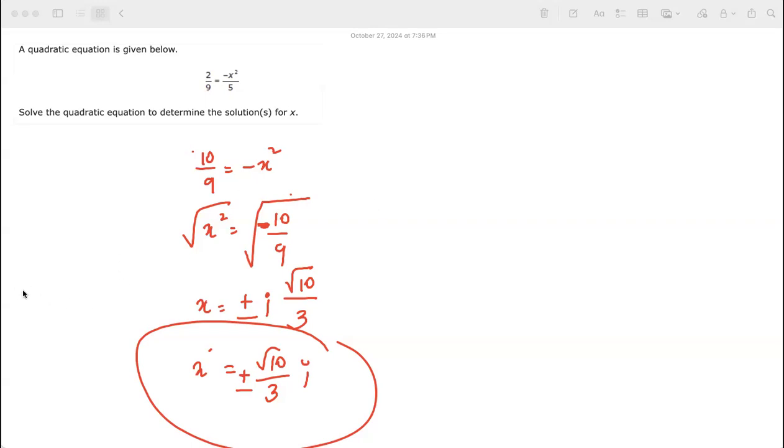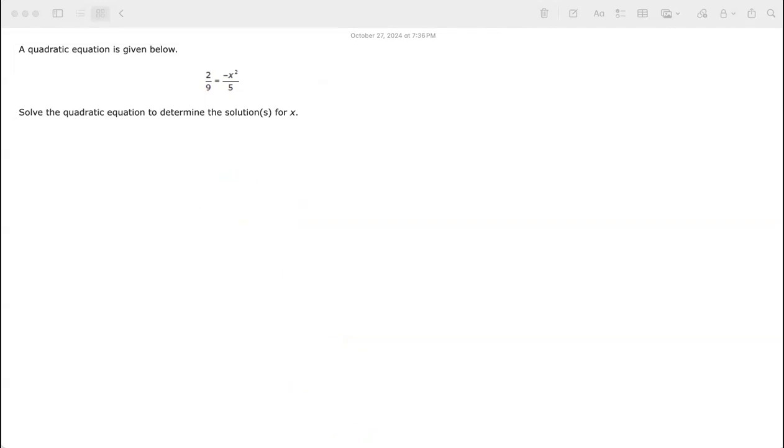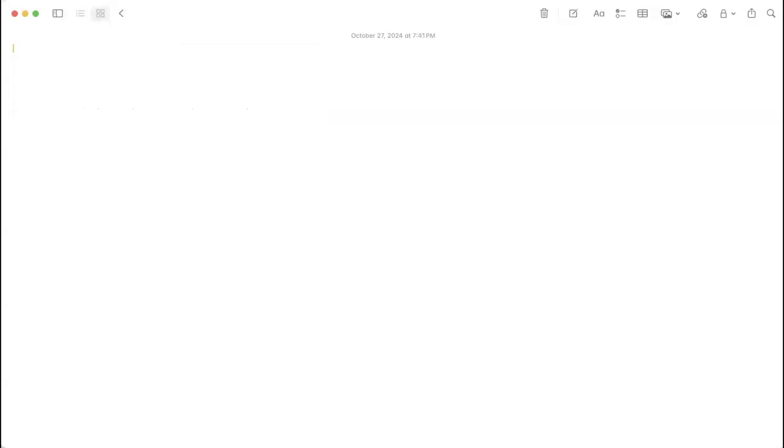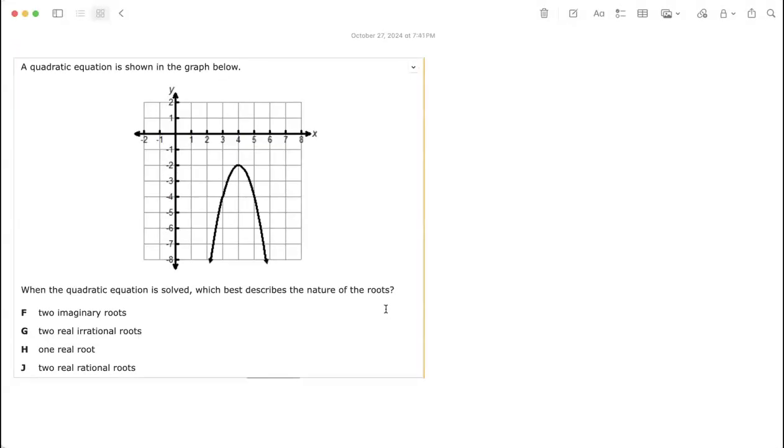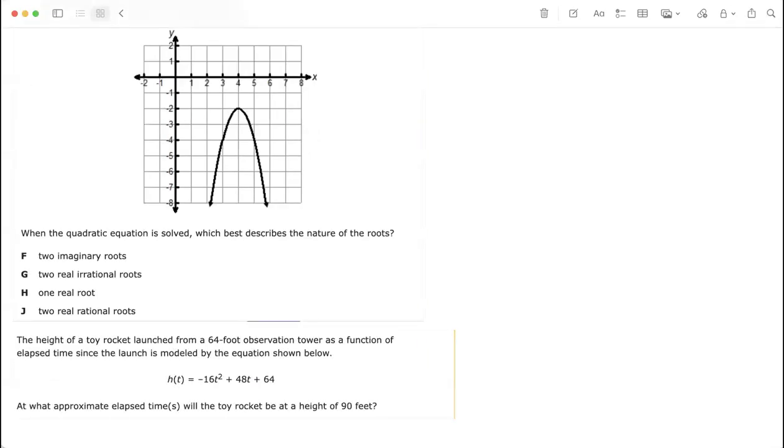You got it? Okay, let me give you another problem. I want to go back to unit 3 as well. Some of the questions, let's see. I'll give you 2 problems, you can do both. How about this? Question number 1. Question number 2. There are two questions on the board.